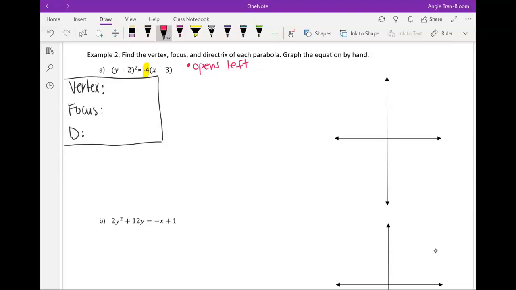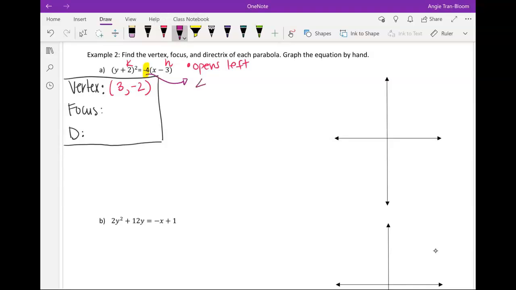First thing is we are going to find the vertex. The vertex is going to be your (h, k). So h is going to be 3 and your k is going to be -2. Next, we need to find an a value so that we can locate the focus and the directrix.